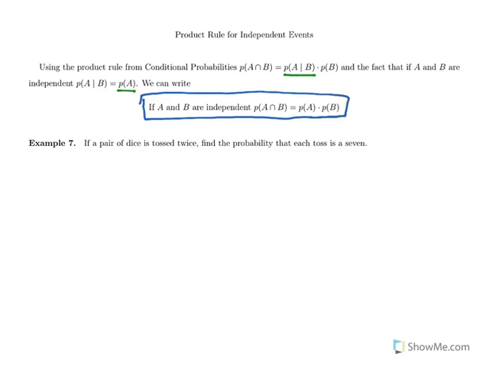And note that's only true if A and B are independent. So if they are dependent events, you cannot use this nice formula, but we can if they are independent, and that's a very nice result going forward.